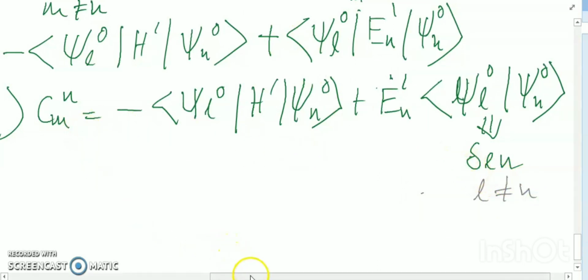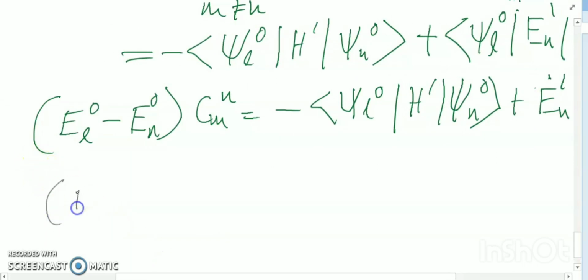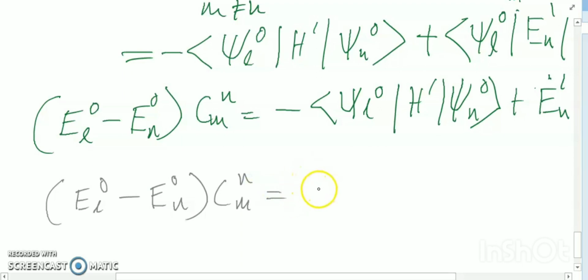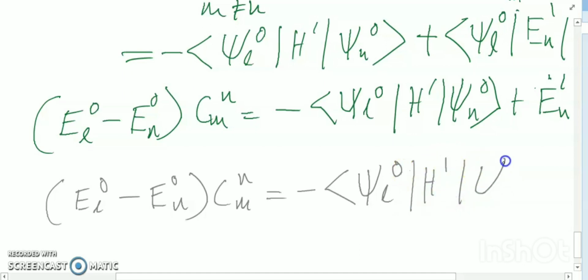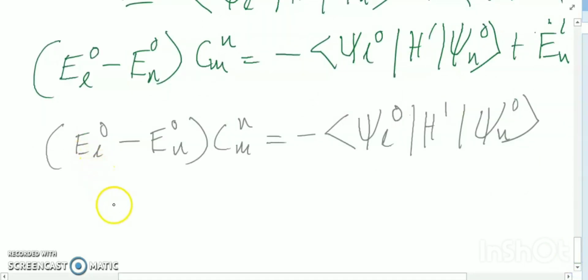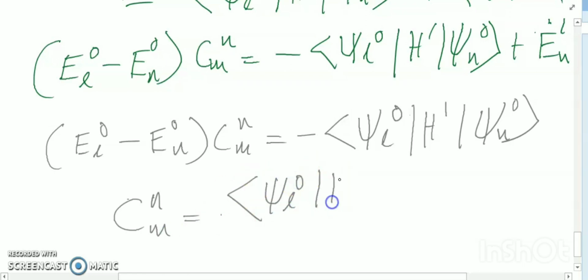So whatever we get, E l0 minus E n0 times c_mn equals minus psi l0 H prime psi n0.